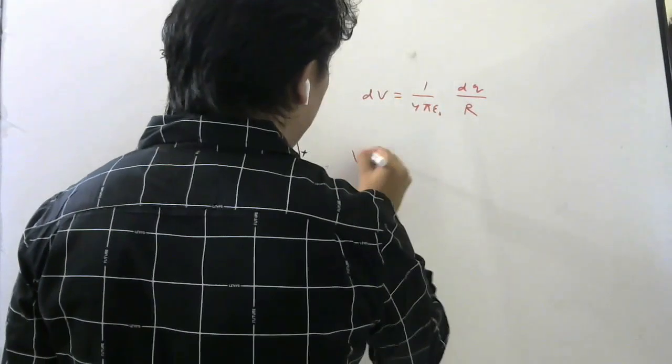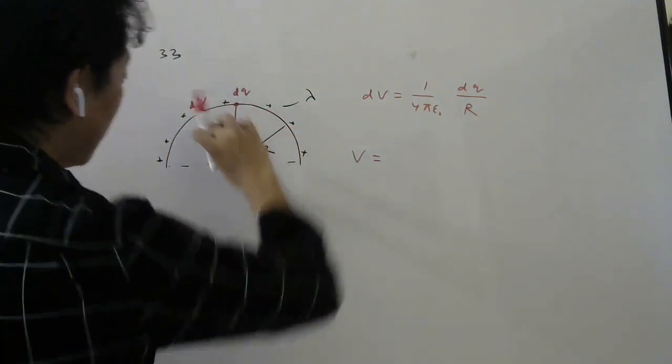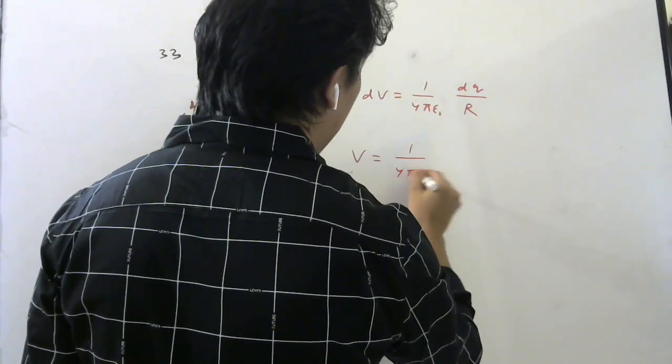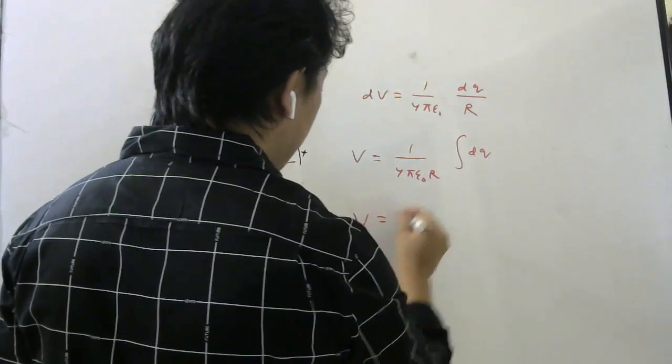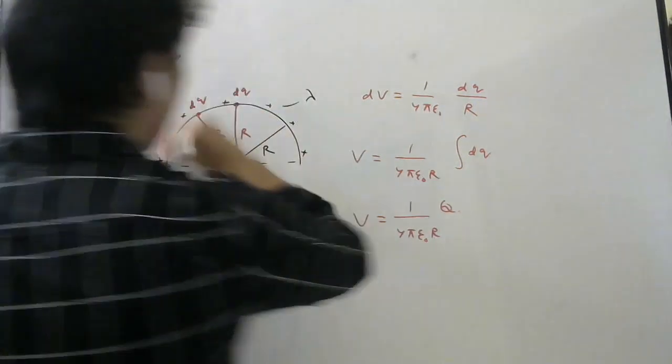Now for the total potential, what should I do? Integrate. But the beauty is every dq is at the same distance r, so r becomes a constant and I can take it outside. So I have to just integrate dq. If I integrate dq, what will I get? The total charge of the half ring.